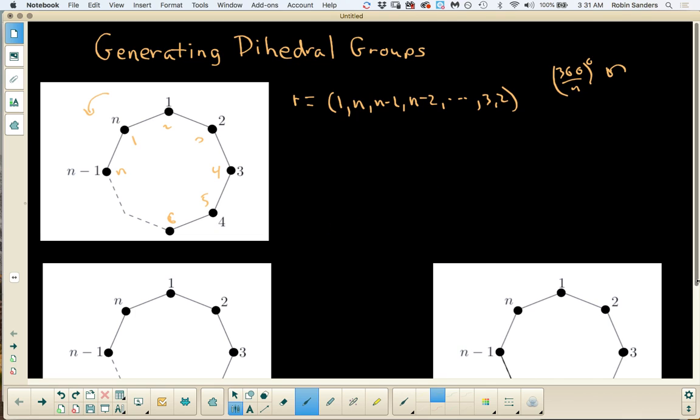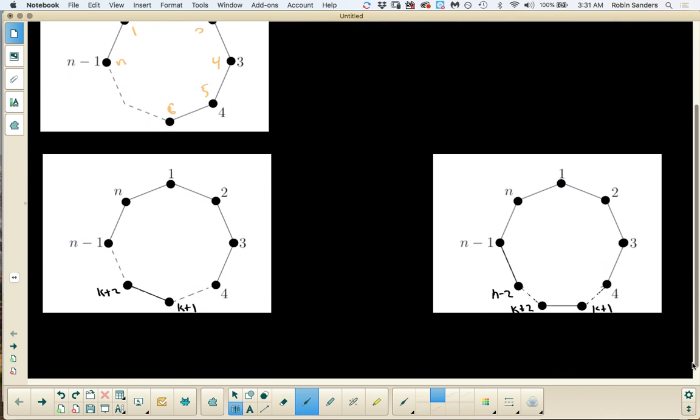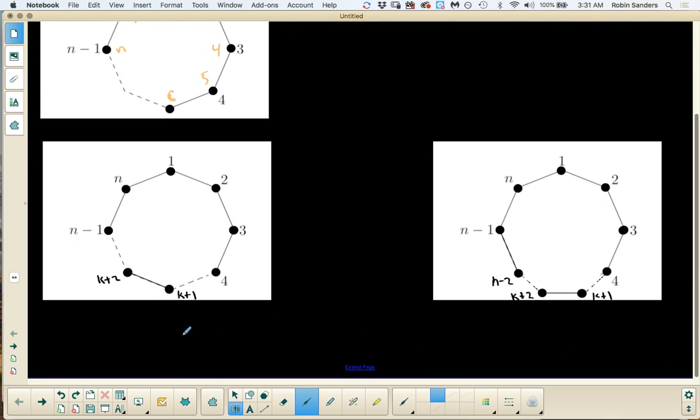Now we also need, depending upon whether or not n is even or odd, to focus in on one of the flips. In the situation where n is even, if we have a flip that fixes 1, then the line of symmetry looks like this.